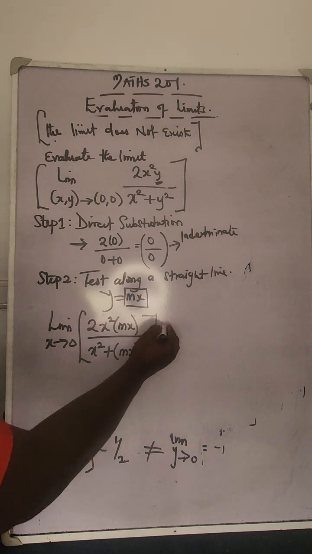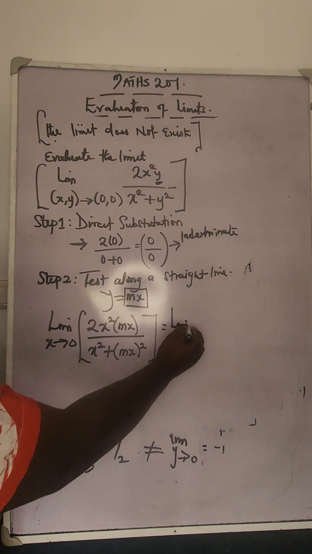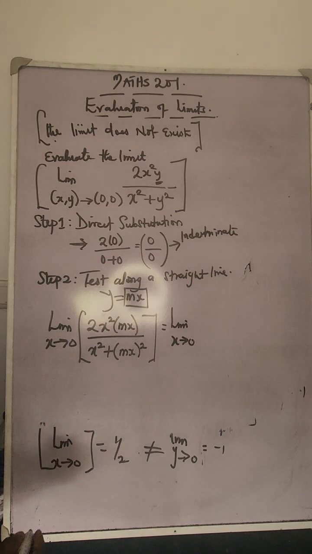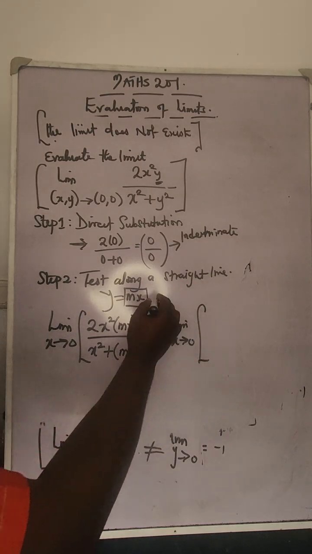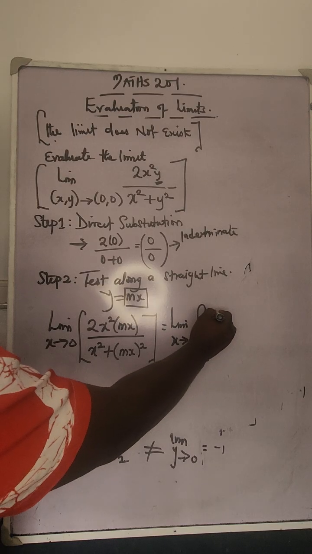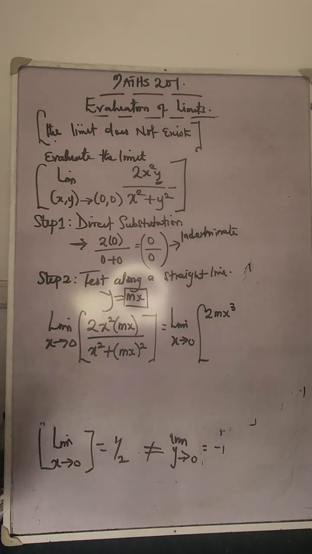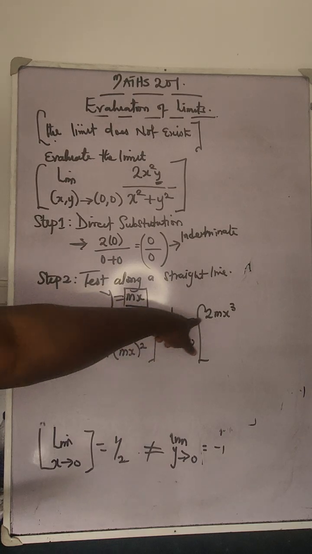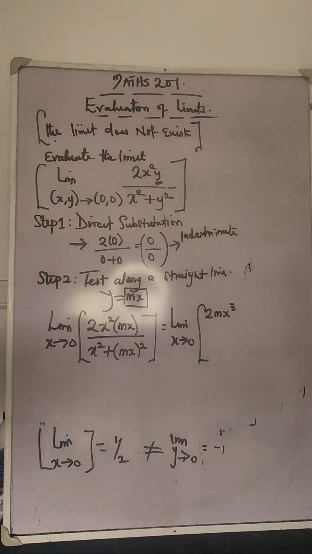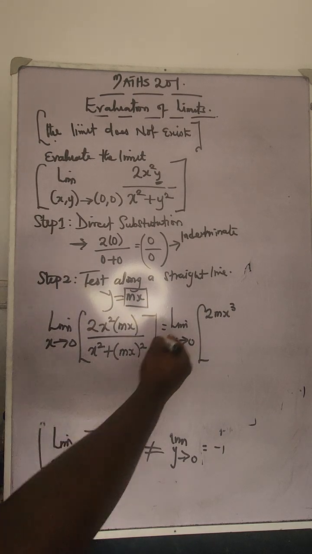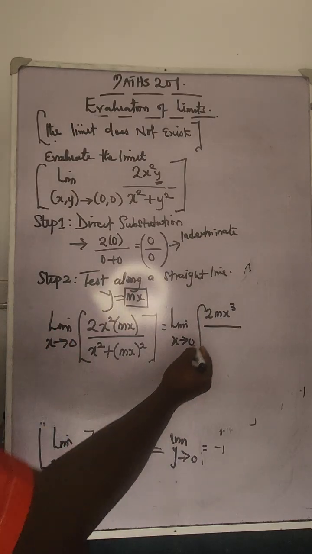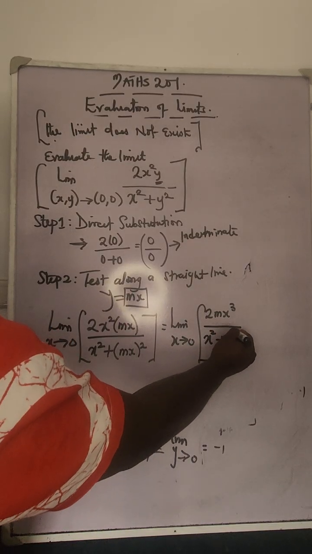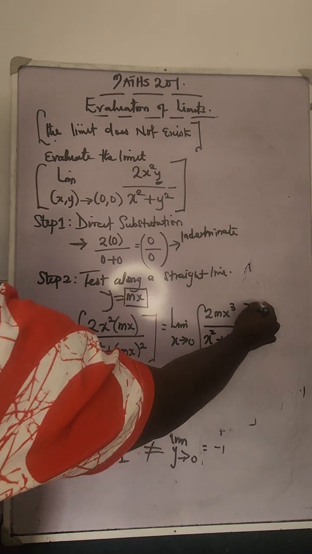And so we have that the limit as x approaches 0 of the function 2mx cubed. Why do we have x to the power of 3? Because x squared multiplied by x will give you x to the power of 3, over x squared plus m squared x squared.